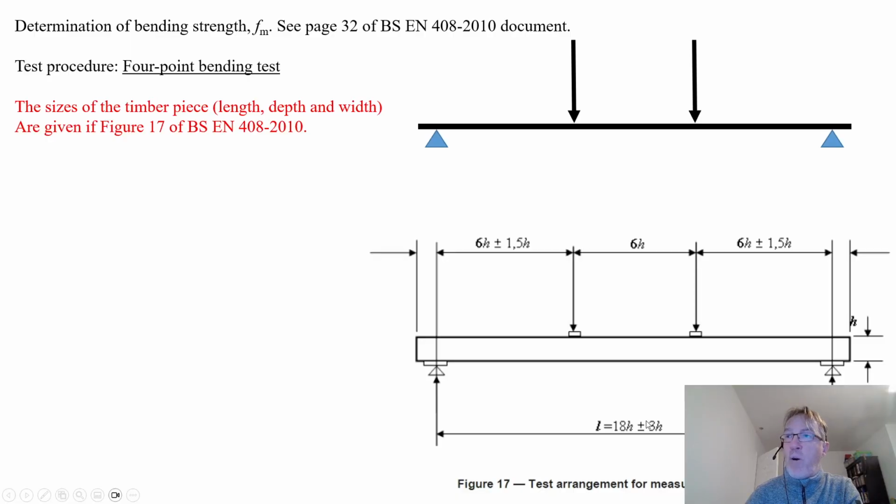And there's a tolerance factor of plus or minus 3 times h. And then we have A, which is 6 times h with a tolerance of 1.5 times h. And obviously this section here and this section here would have to be the same. We couldn't have that being different from each other. And the middle section is just 6 times h.